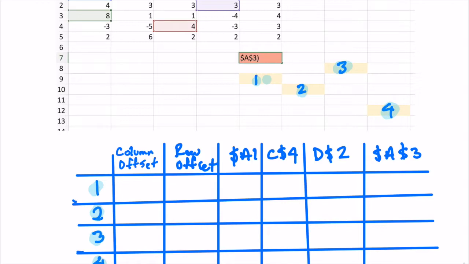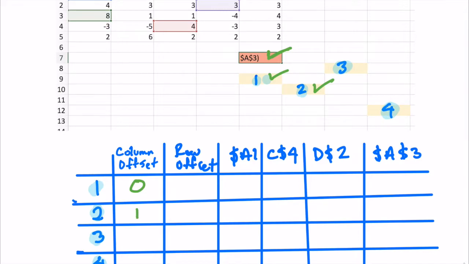Starting with cell 1, it's in the same column, so there's 0 offset. For cell number 2, you start in column E and paste the formula into F. That's a column offset of 1.